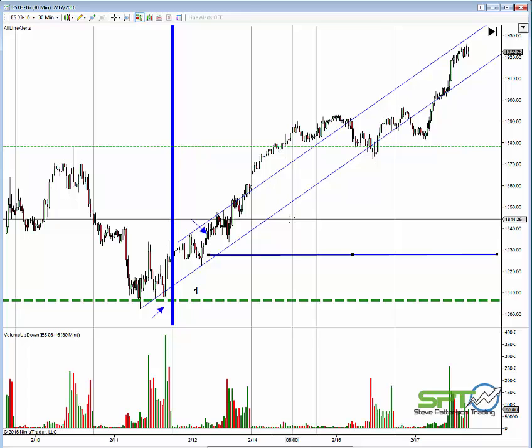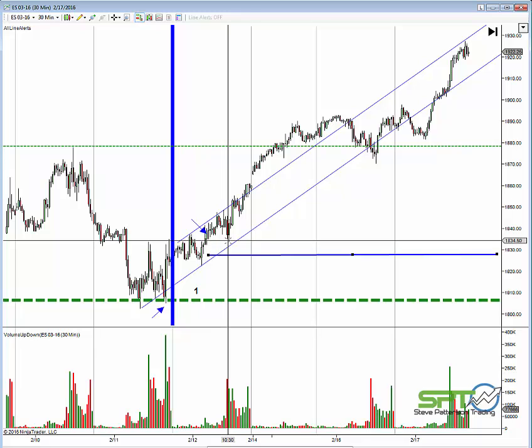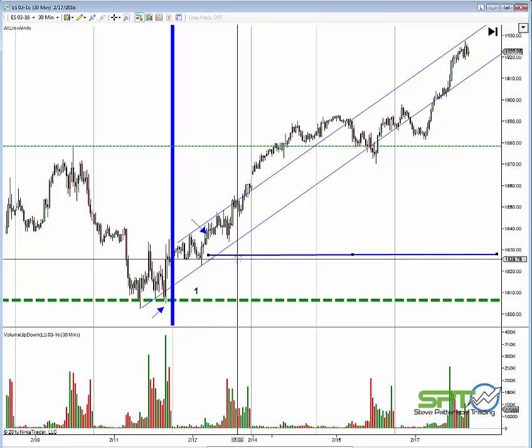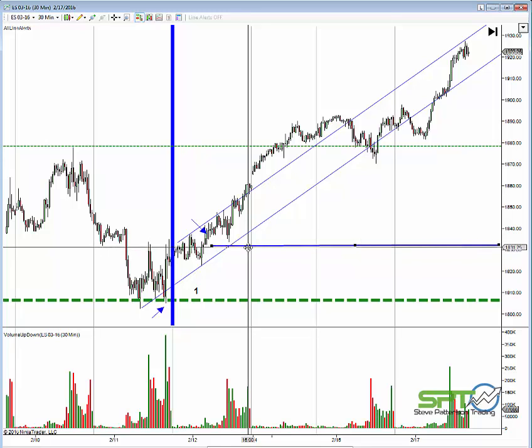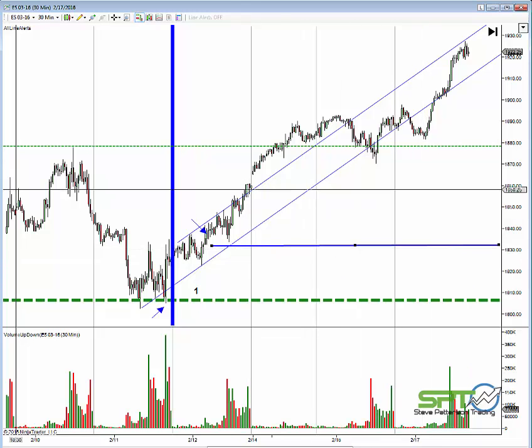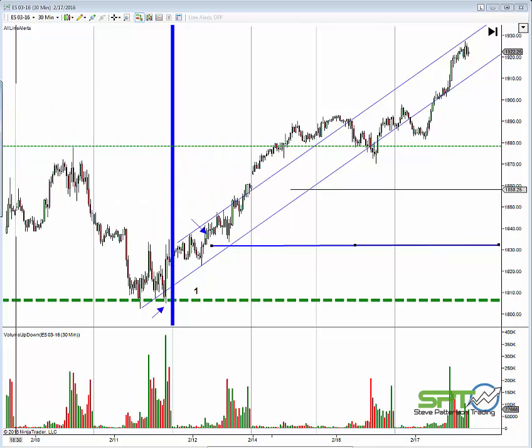Knowing when we have these 2 points and knowing what our potential trend line is, right? We could actually have an average cost anywhere below that trend line low, couldn't we? So 1831 could be our average cost. Does that make sense? So let's just do some math here, and we'll show you what I'm talking about. As soon as we break this high at 1838.50, we'll use 1838 again, okay?